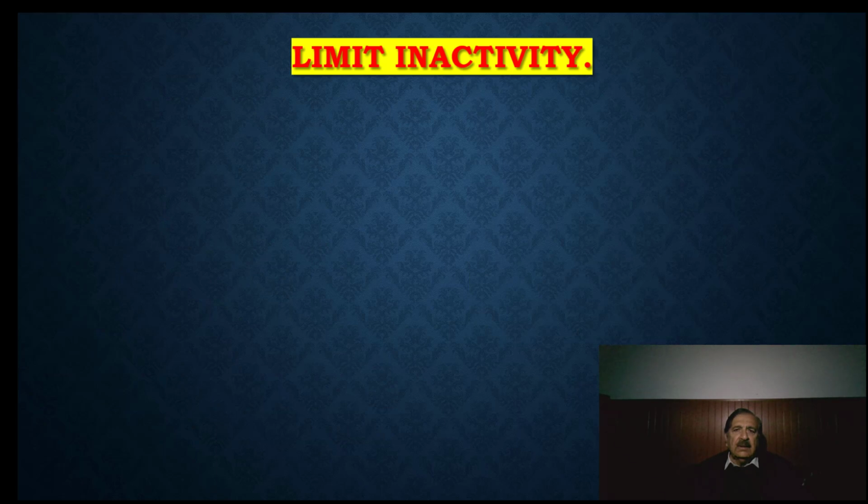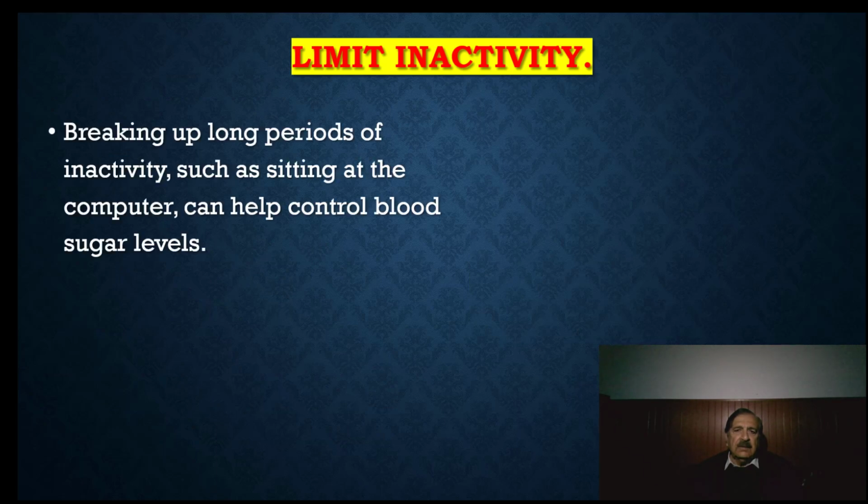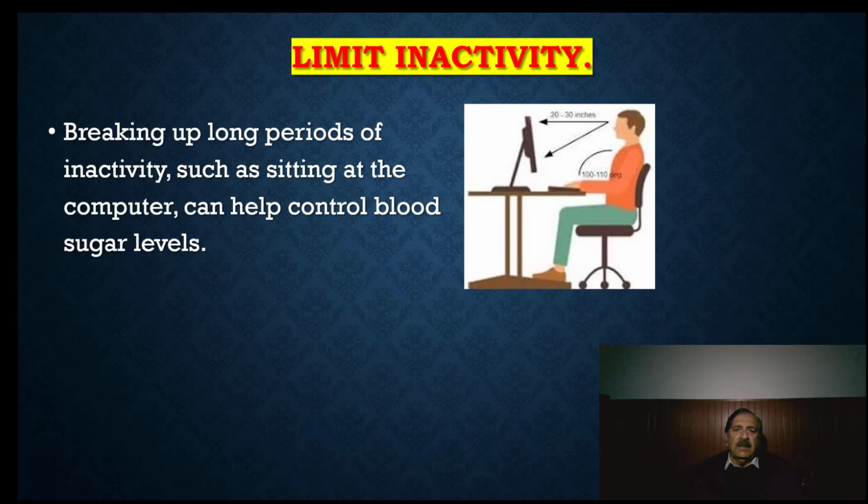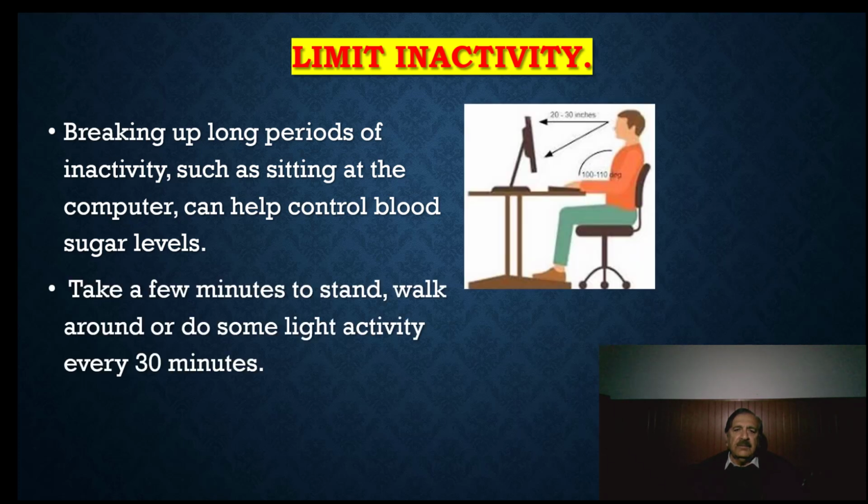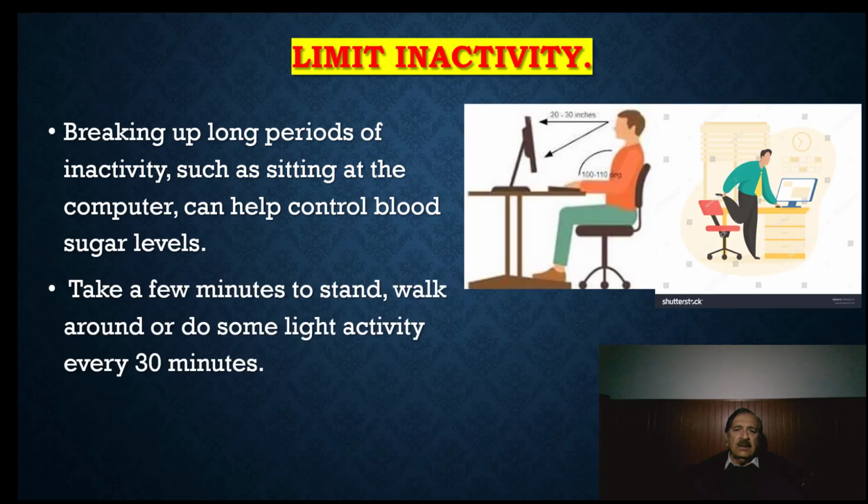Limit inactivity. Breaking up long periods of inactivity such as sitting at the computer can help control blood sugar level. Take a few minutes to stand, walk around, or do some light activity every 30 minutes.